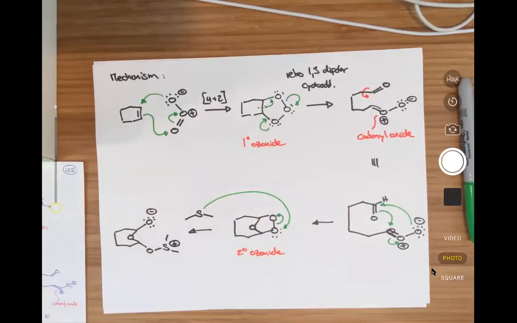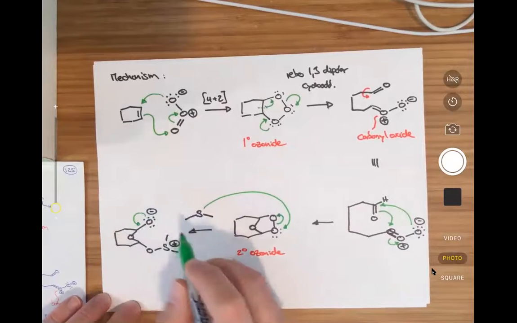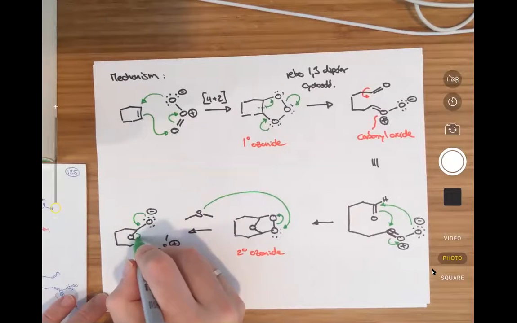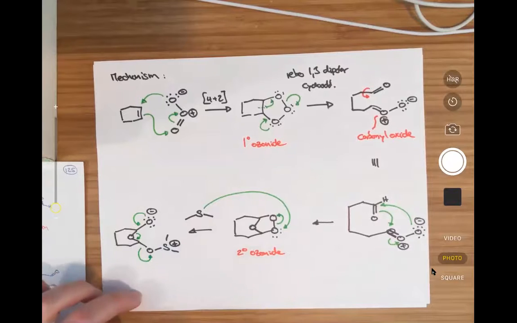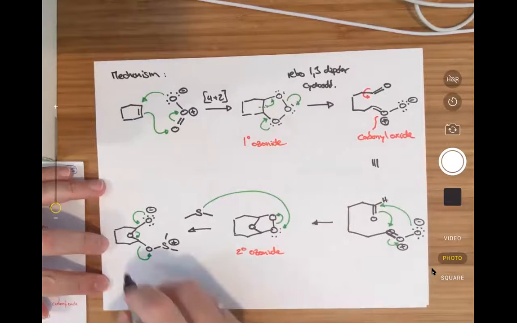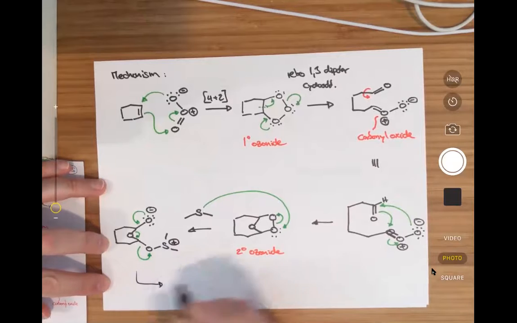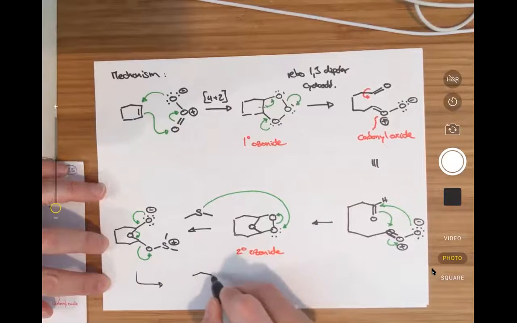And this can simply break up during the workup step. These electrons can be pushed in here. These electrons can be pushed over here. And these electrons can be pushed over here so that we essentially fragment the system, which leads to the 2 aldehyde functional groups.